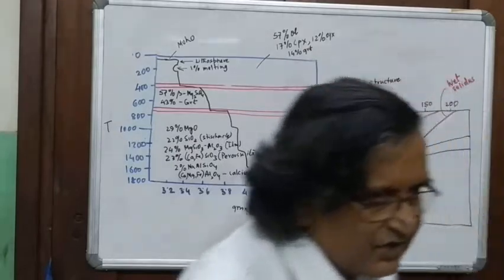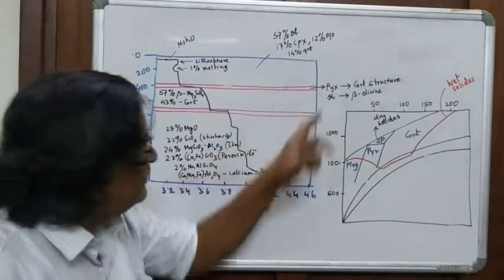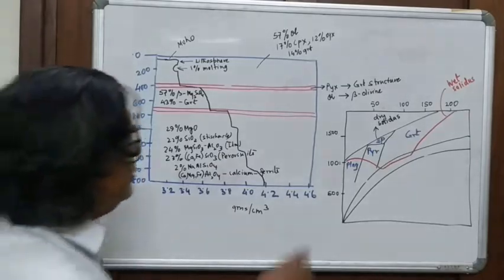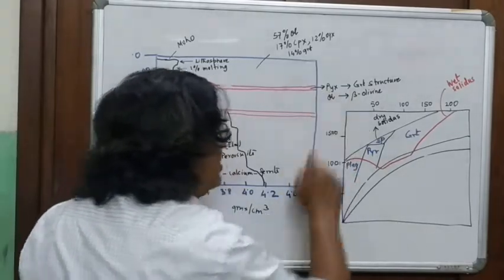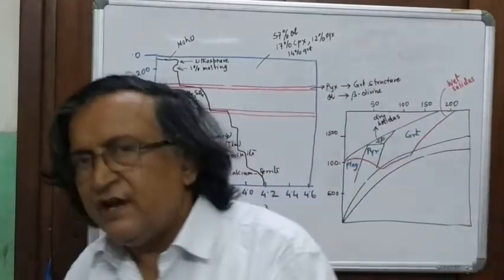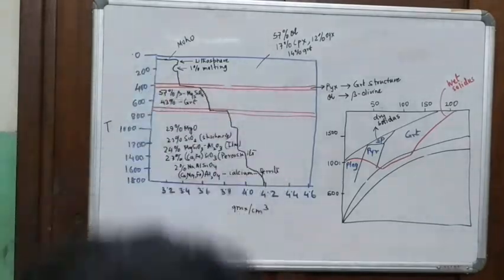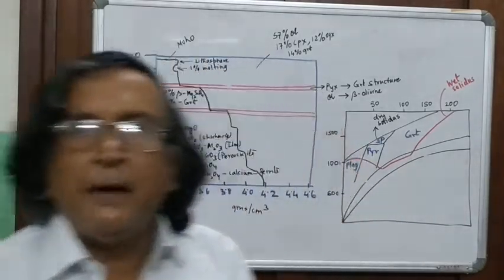Now what is this phase transition boundary? As is suggested now, it involves pyroxene developing a garnet structure. You must be wondering how a pyroxene can become a garnet.